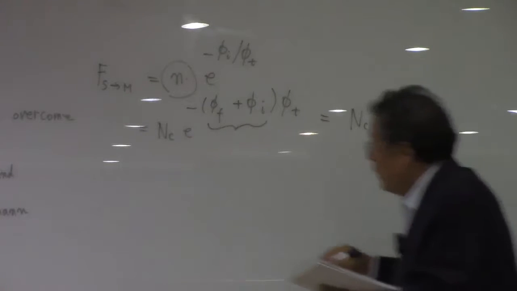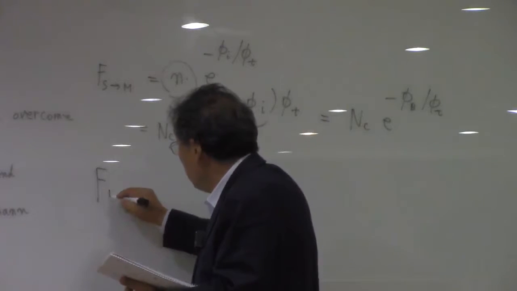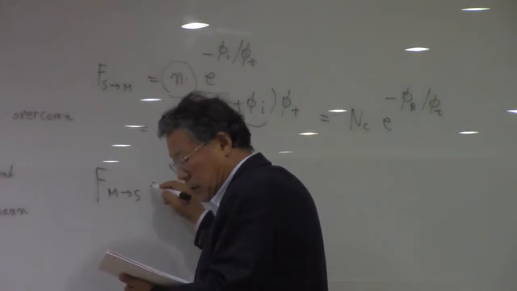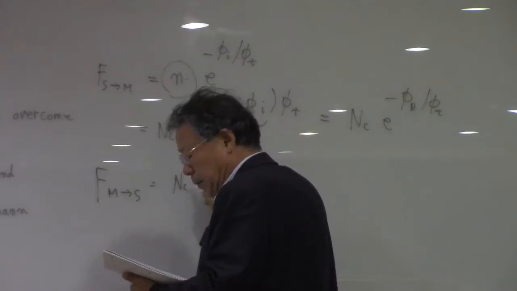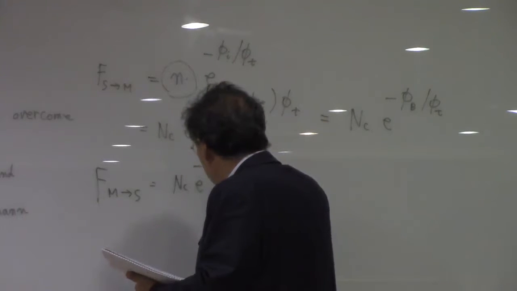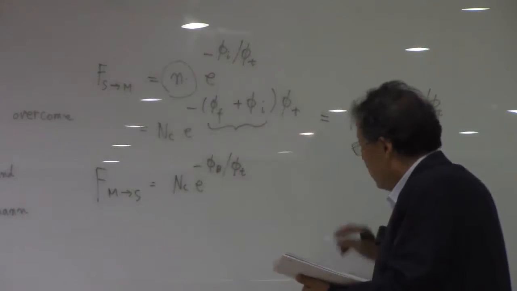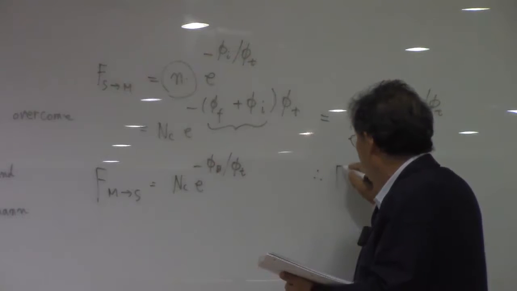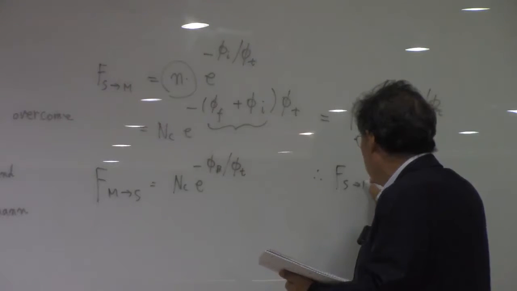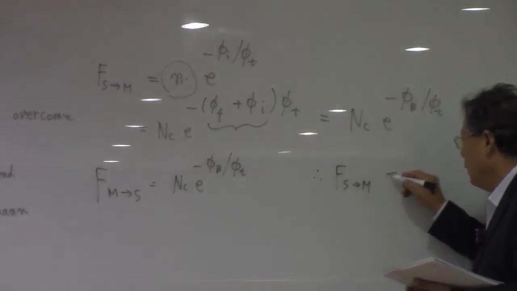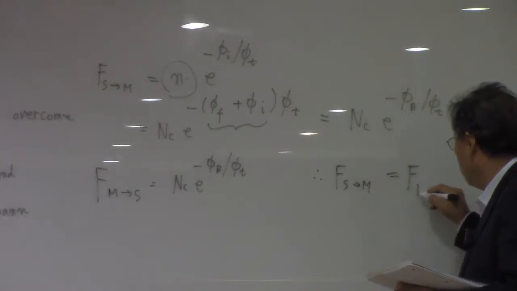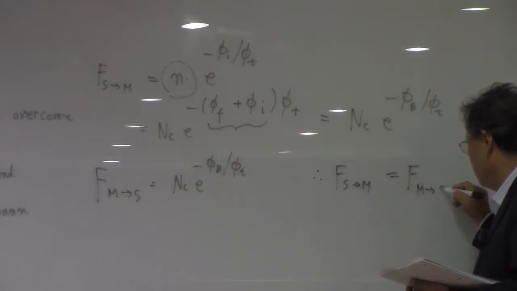And the flux from metal to semiconductor is also going to be Nc e to the minus phi B over phi T. So the flux of electrons from semiconductor to metal is exactly the same as from metal to semiconductor.